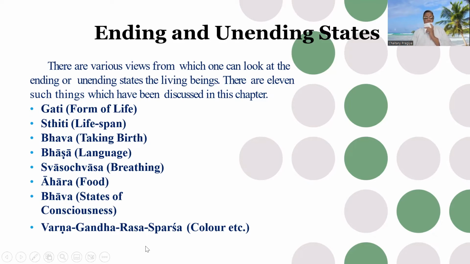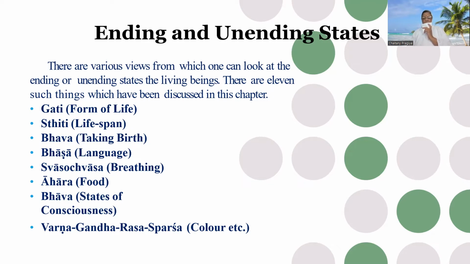And next is Varna, Gandha, Rasa, and Sparsh. It means all the physical qualities which we are having. Suppose I am having red color or white color or black color. If I am repeating back to human form, it is not necessary that I would have the same kind of color or the same kind of smell of body, same kind of taste or same kind of touch, but they may differ or they may be the same.